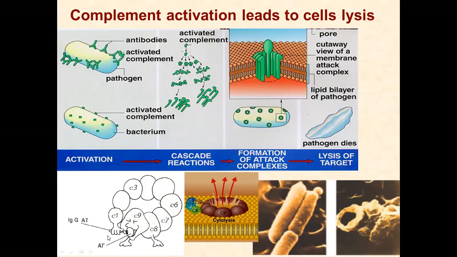And the complement fixation or complement activation starts with formation of the antigen-antibody complex, and all 9 fractions must gather together to kill this bacteria. This mechanism forms the membrane attacking complex and releases all cytoplasm outside the cell.